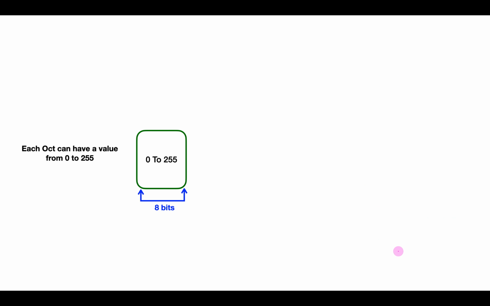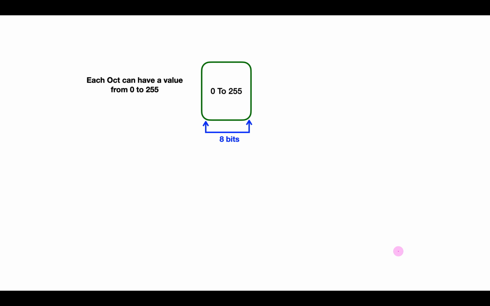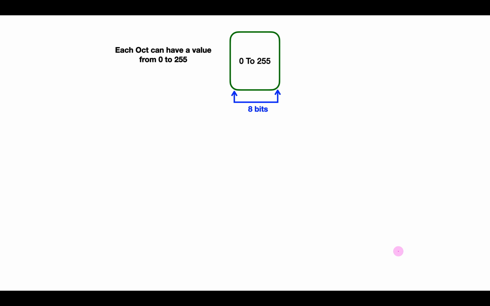Now the question is why the value is only from 0 to 255. Because it is an 8-bit address, to understand this we have to understand the value of each and every bit.